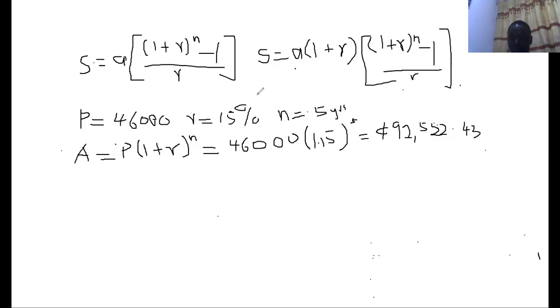But because it is in arrears, then we have to use this one. So here, the S, which is the total amount you'll be owing, will be equal to the total amount in the sinking fund, assuming you make equal installments. So that will be equal to 92,522.43.